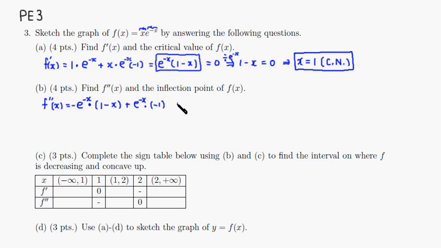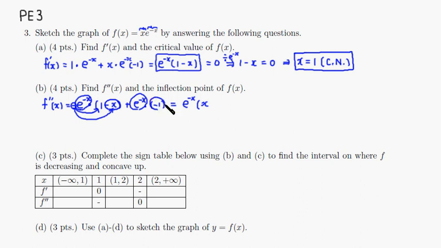You can see that e to the negative x is in common, so I'll pull that out. With e to the negative x factored out, what's left is: the negative sign distributed to negative x gives positive x, and distributed to negative 1 gives negative 1.